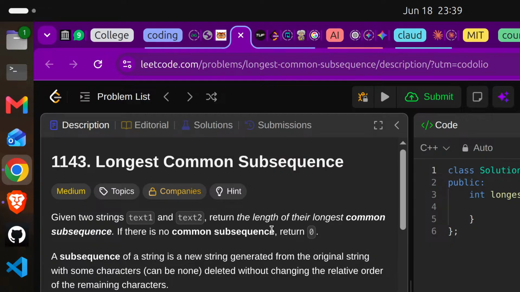Okay. I is not like this. This should be like this, j here. Alright. Now I think it should work.